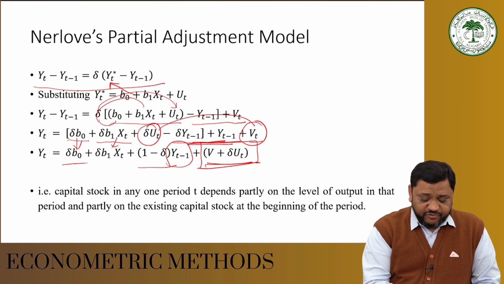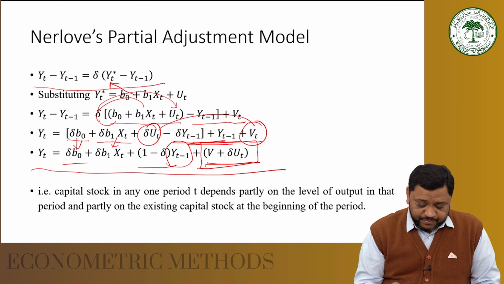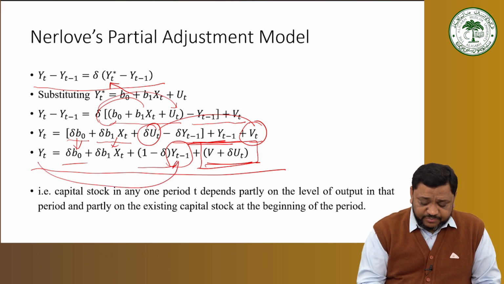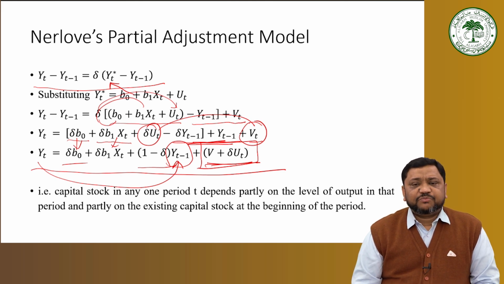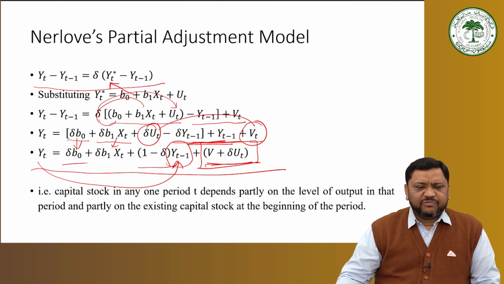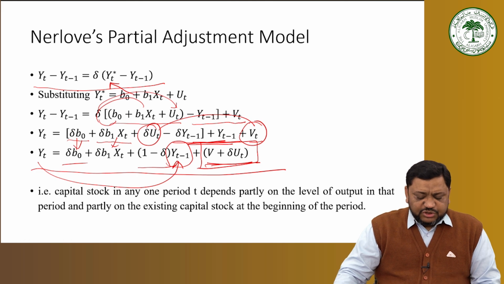But in this formulation of Nerlove's partial adjustment model, Yt is present as an independent variable in its lag form, but the error term V plus gamma ut is such that we are optimistic that the problem of error autocorrelation will not be present there. So this is what we refer to as Nerlove's partial adjustment model.